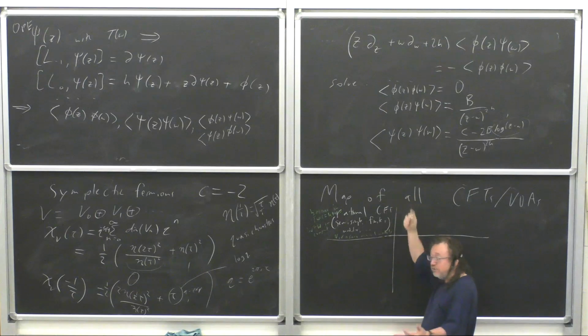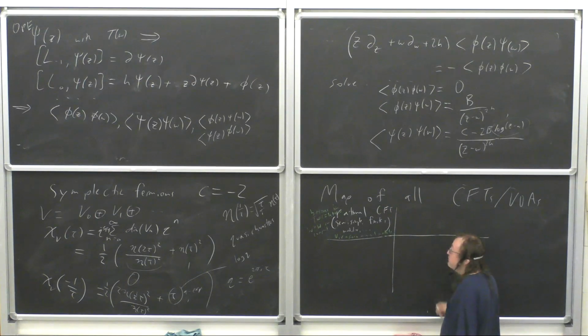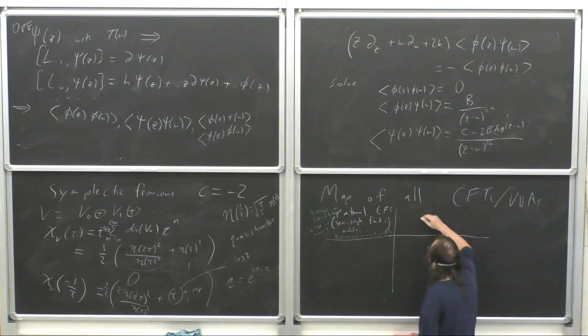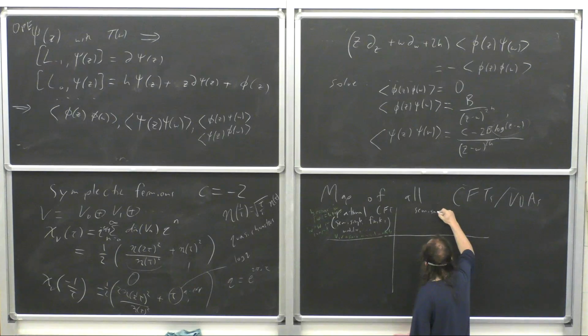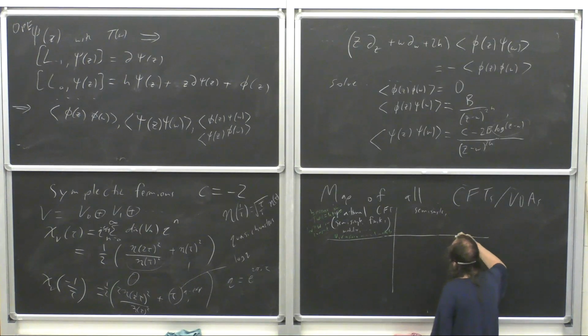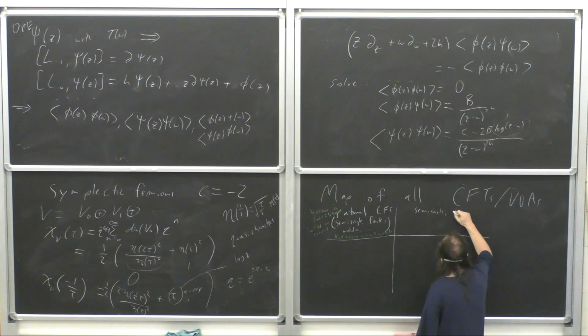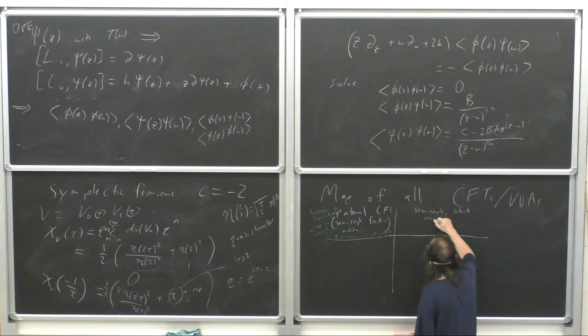So these are unitary or non-unitary. All of these are unitary or non-unitary. Okay, and then we also have things like the free boson. I'm not sure what to call these, so we'll call these semi-simple. I don't know if there's a name for these. Semi-simple, but infinite. They may or may not have modularity.